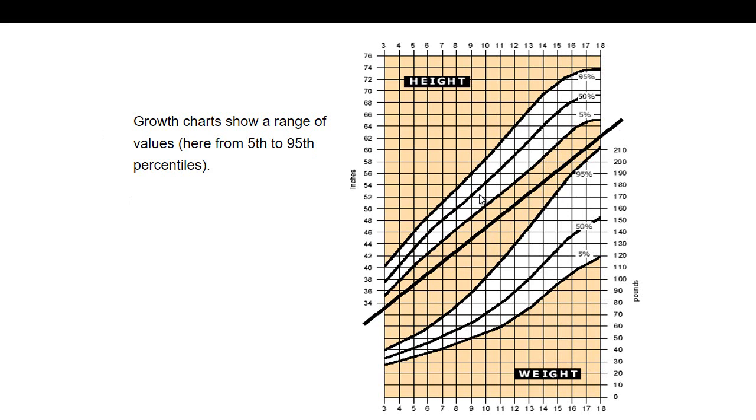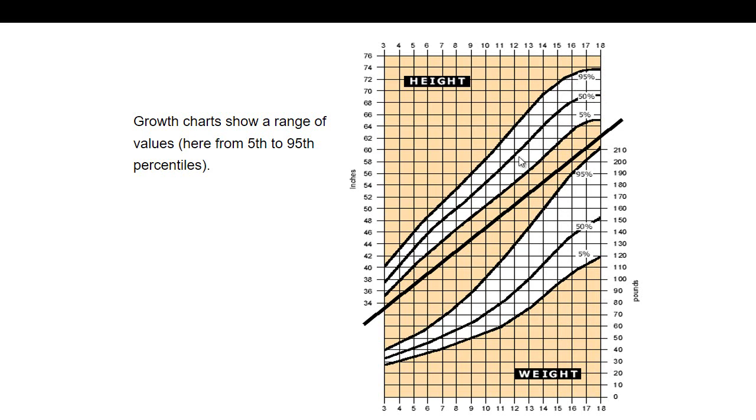Now we look at the curves that we have here. There are boys with above average height, and there are boys with below average height. The curve right here is the 5th percentile curve, and then we also drew the 50th percentile curve and the 95th percentile curve.